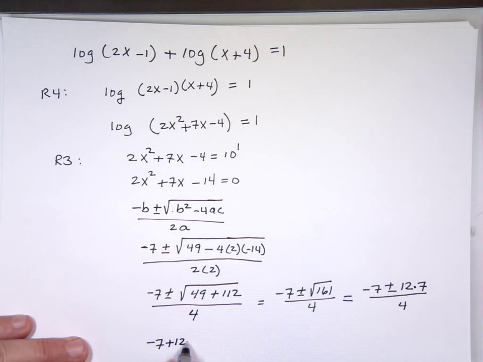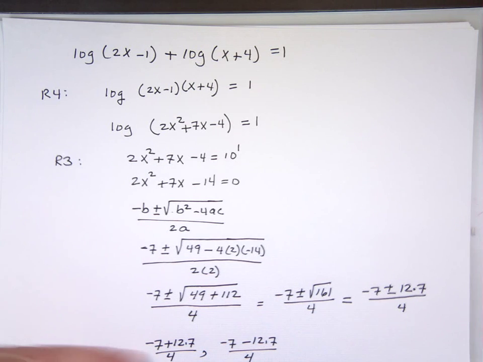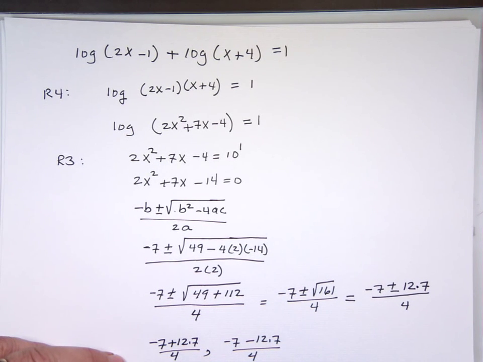And the other one is negative 7 minus 12.7 over 4. So one of them is 1.42. And the other one is what? Negative 7 minus 12.7 divided by 4. Negative what? 4.93.